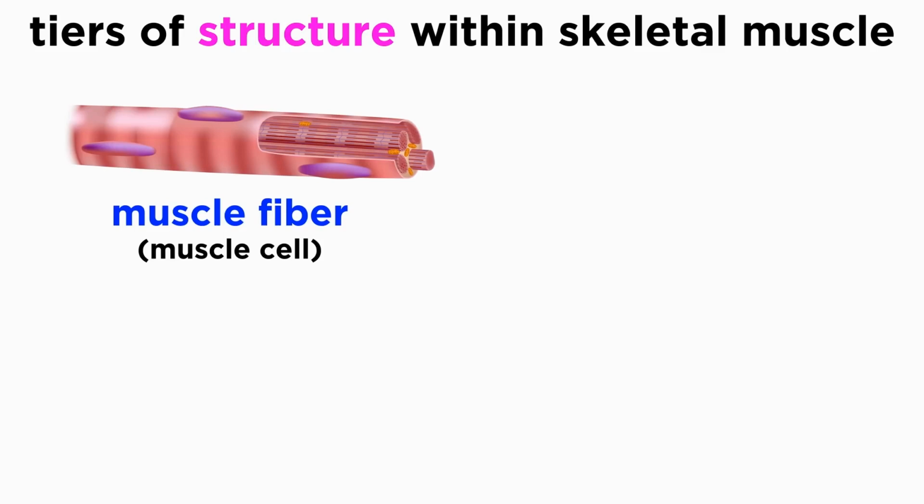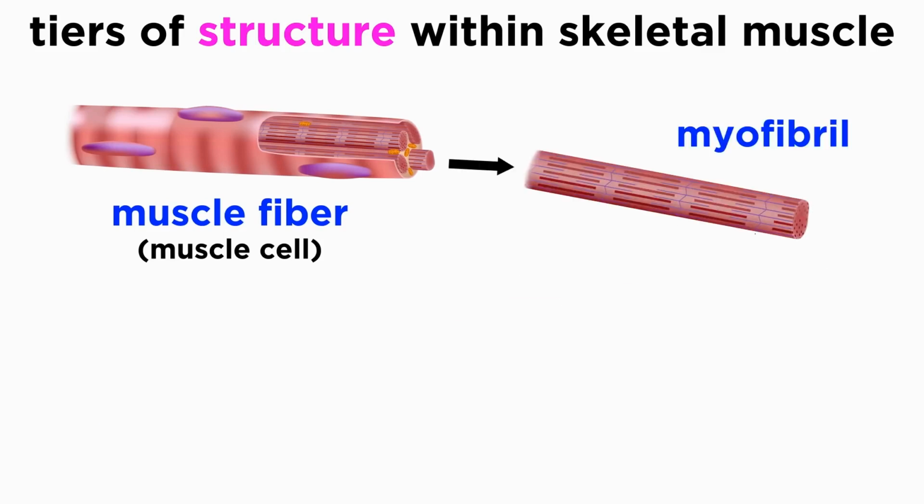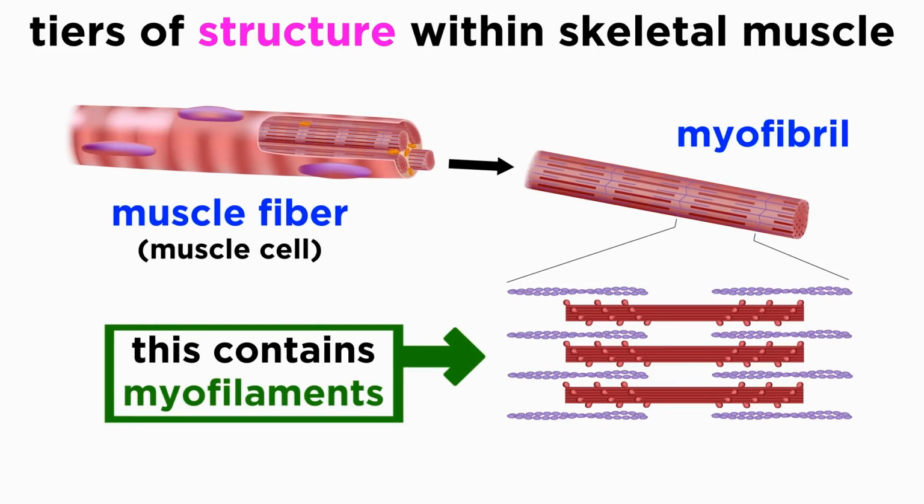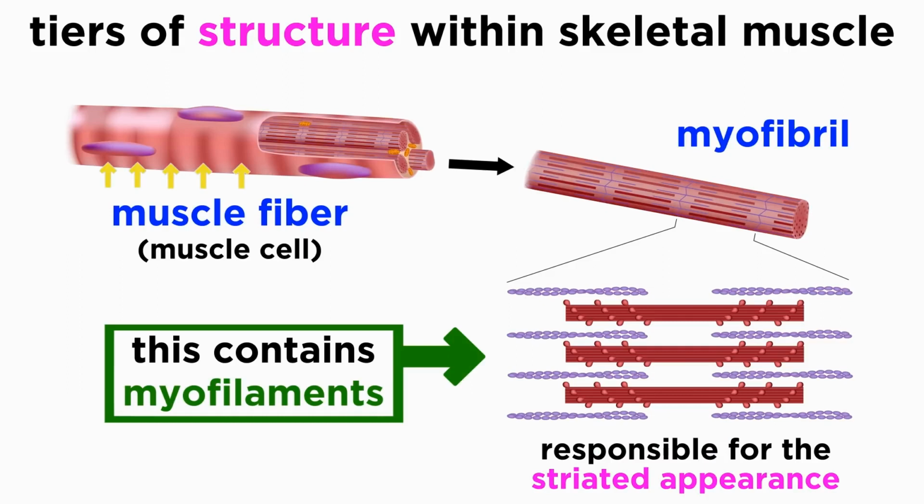Inside each muscle fiber are many myofibrils, and these contain myofilaments, which are themselves organized into units called sarcomeres. These are the contractile machinery which actively shorten and are therefore responsible for skeletal muscle contraction. It is also these sarcomeres that give skeletal muscle a striated or striped appearance, and they are the smallest functional unit in the muscle.